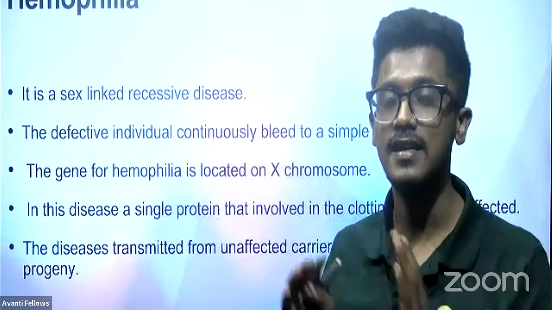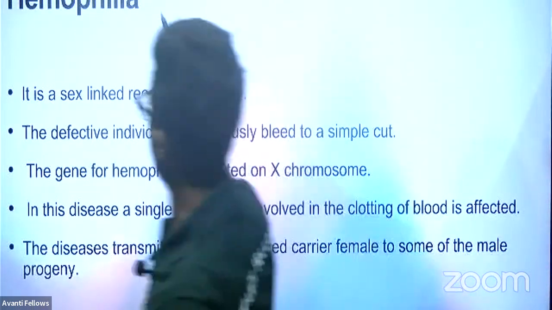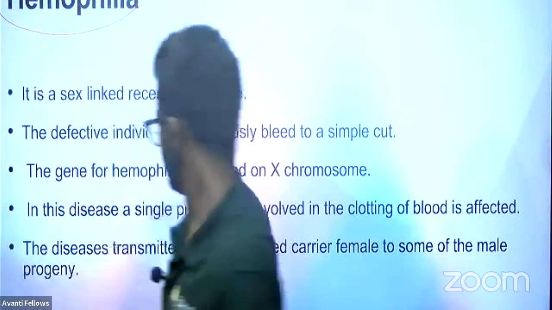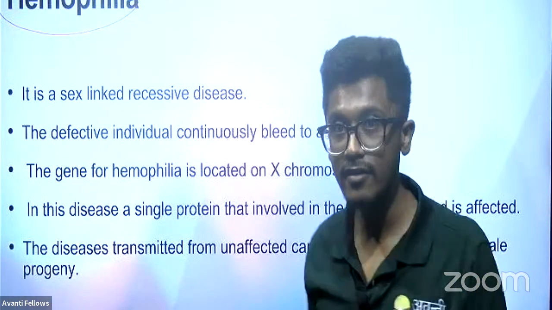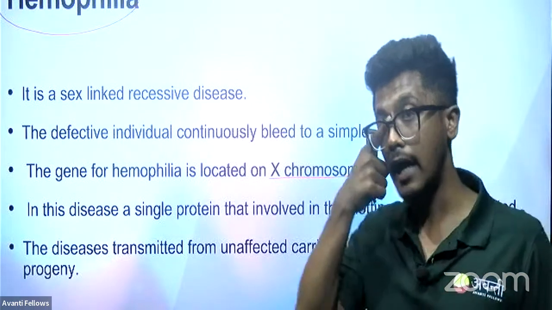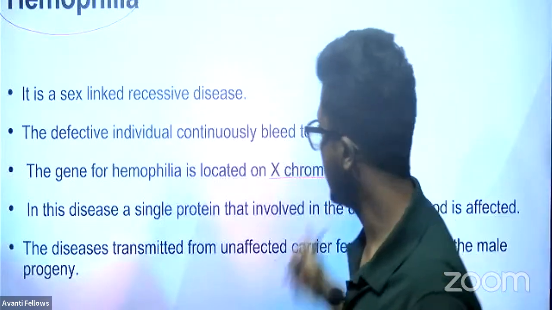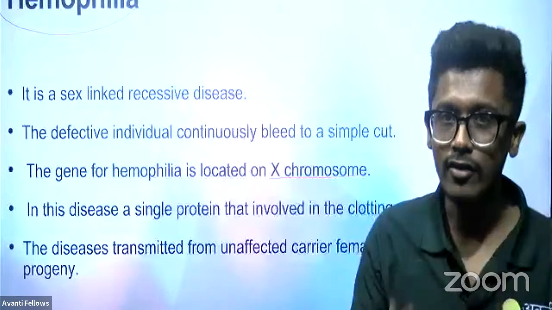So how does the disease come into existence in the first place? This particular hemophilia disorder comes because there is a gene present on the X chromosome. Okay, what gene? The anti-hemolytic gene is present on the X chromosome. What is the nature of the gene?